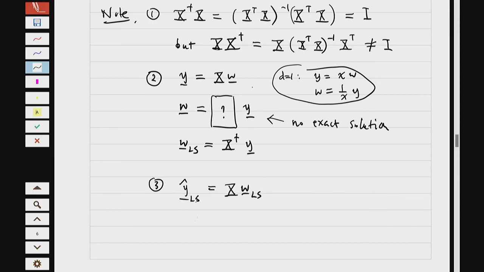X times our least square solution. So X times the least square solution is this pseudo inverse times y.